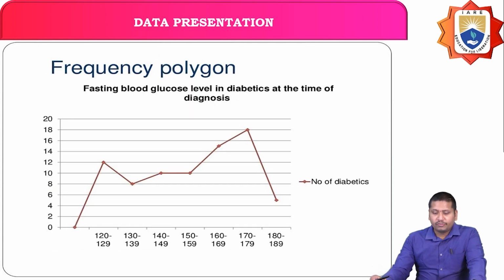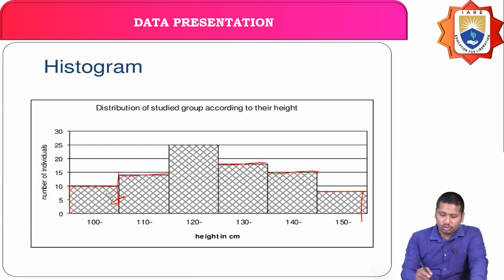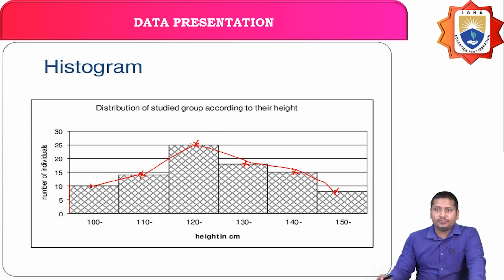How is this frequency polygon obtained? The frequency polygon is obtained from the histogram itself. Once we have constructed the histogram, we connect the midpoints of each and every rectangle, and if I join them with a line, that is called the frequency polygon.